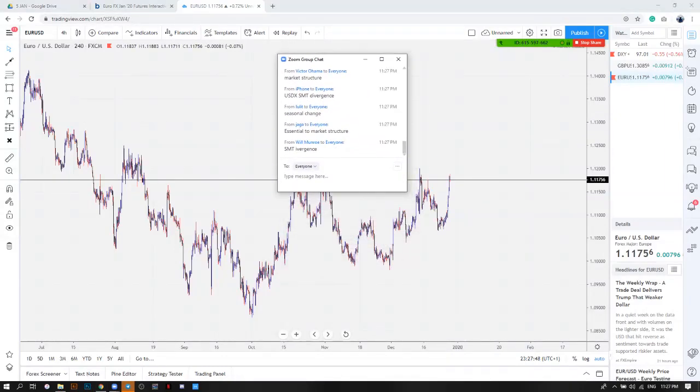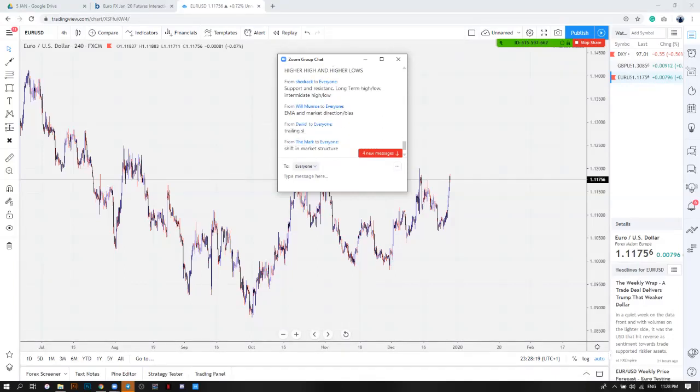SMT divergence, correct. DXY, immediate highs and lows, correct. High time zones, Fibonacci, DXY correlation, okay. EMAs, risk on, risk off, correct.